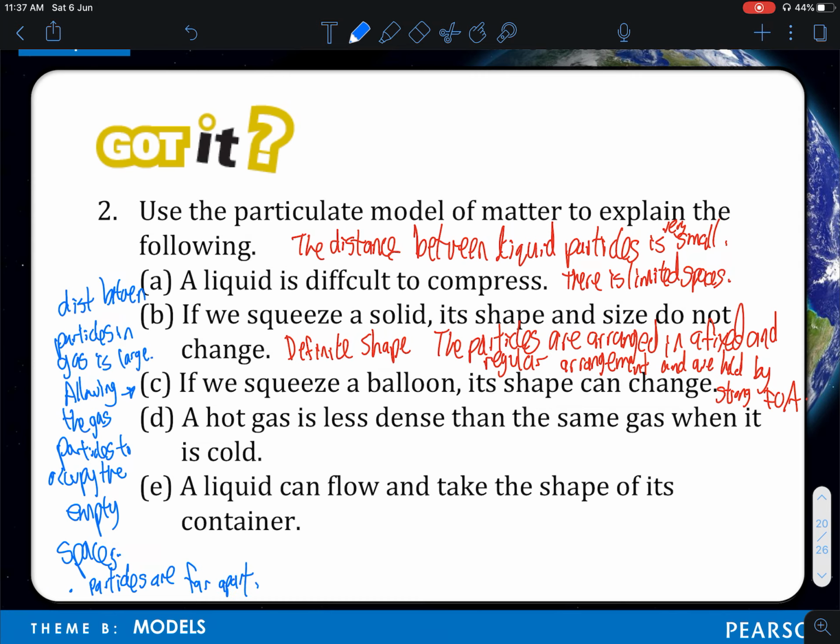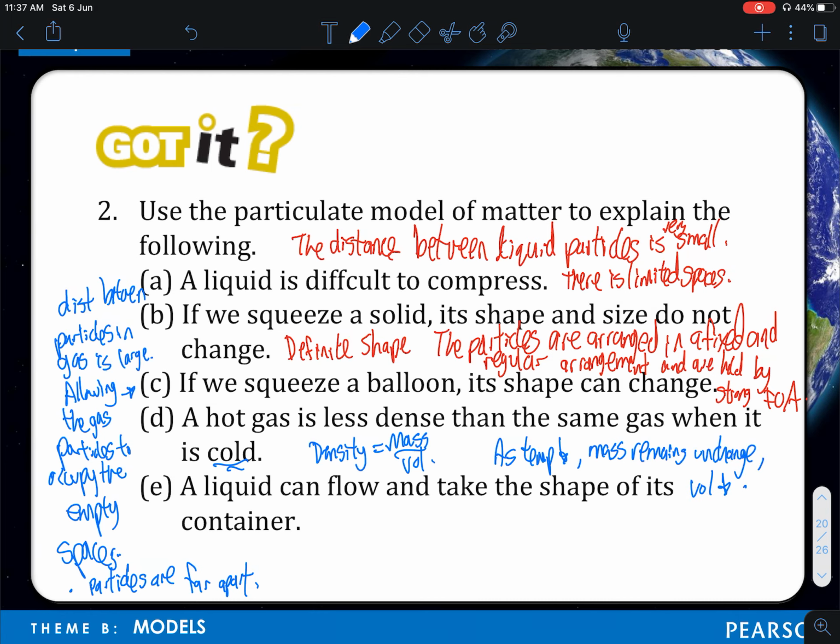So gas is less dense than the same gas when it is cold. So you have to talk about density, yeah? Density equals mass over volume. So when you are in a cold environment, okay, you do know that as temperature decreases, mass remains unchanged, but what happens to the volume?